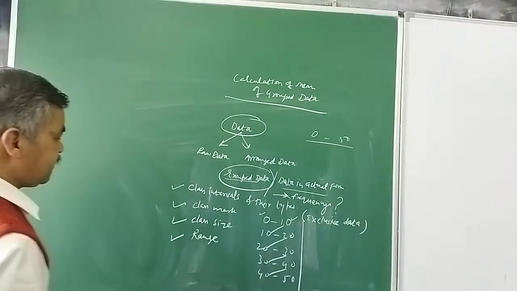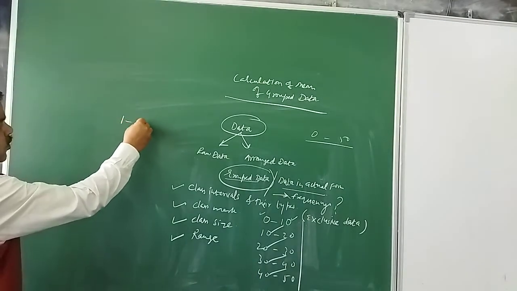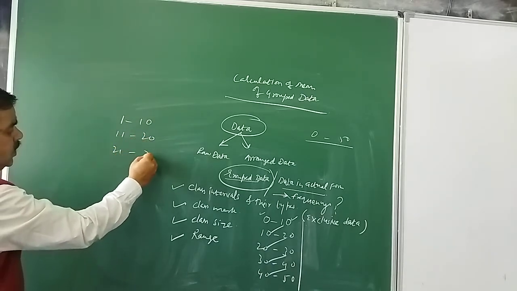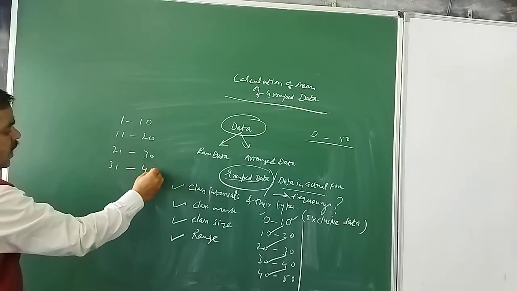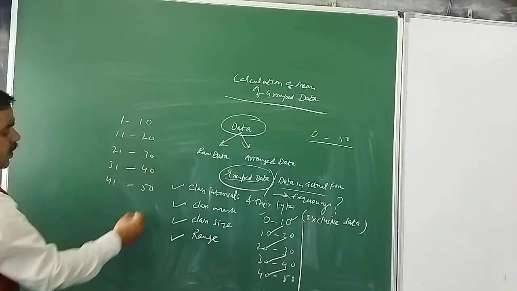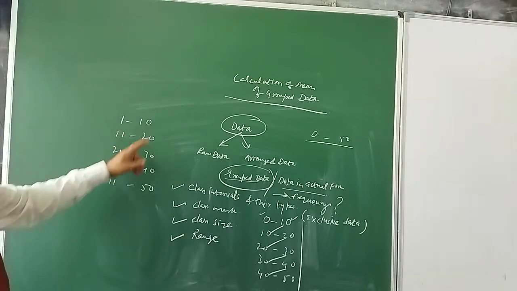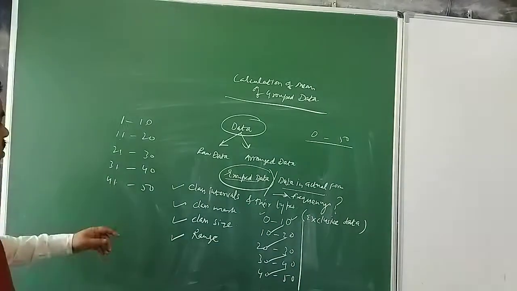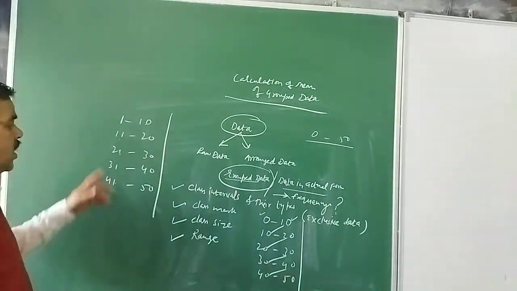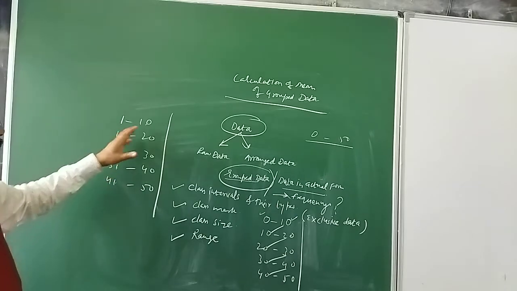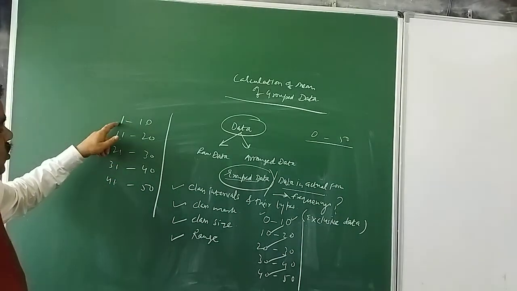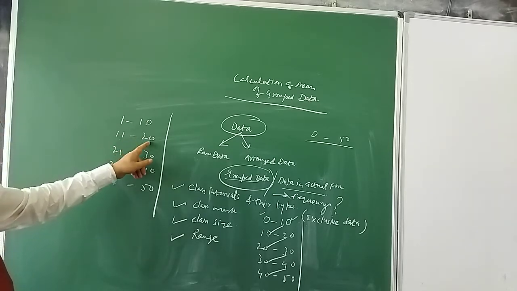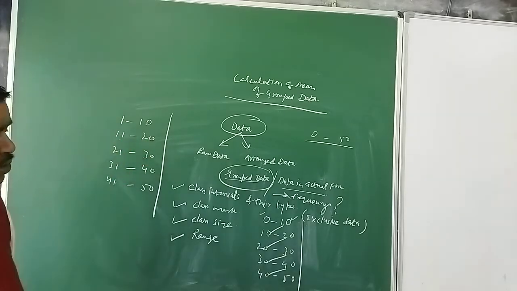Now if I speak from this point of view, like 1 to 10, then 11 to 20, 21 to 30, 31 to 40 and 41 to 50. You see 1 to 10, these are not in connectivity now. There is a difference. Now 0 is not there. Scores between 10 and 11 will be missing, between 20 and 21 also, and so on.